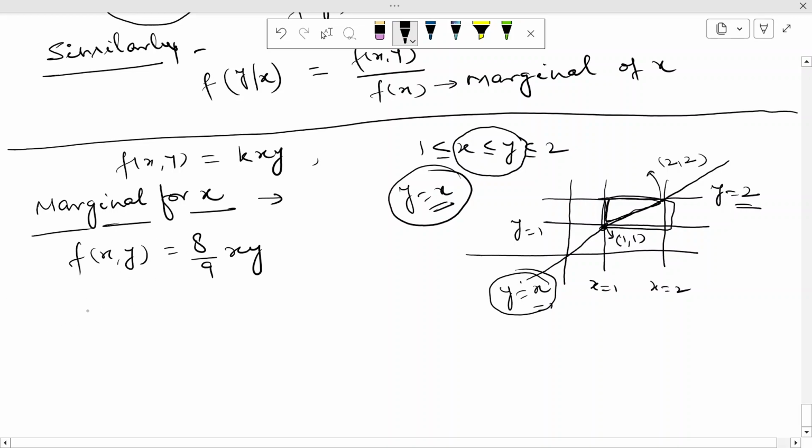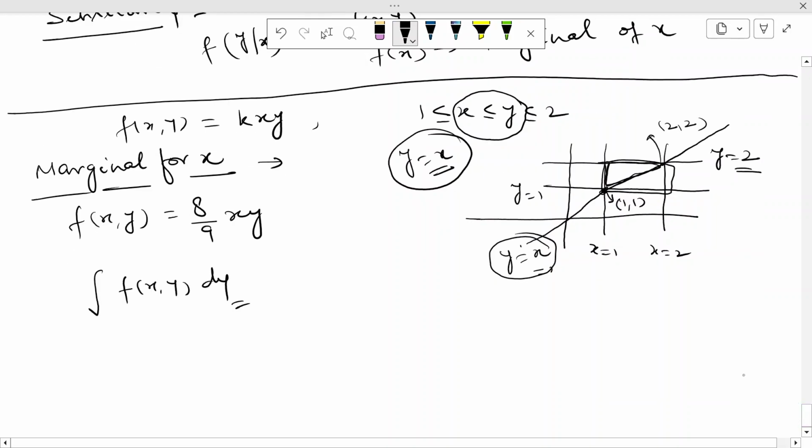Now, in order to derive the marginal for x, we have to integrate xy with respect to y, and here we have to put the limits as per our variable y. So the value of k which we obtained is 8/9, and the function is xy.